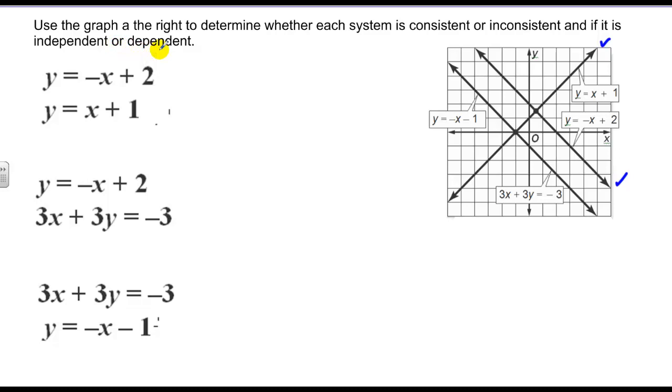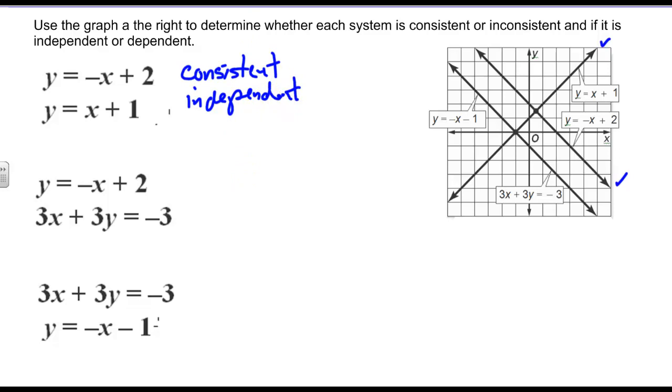We see that these two lines with the blue check mark intersect in one spot, which means it's going to be consistent. And since they only intersect in one spot, it is independent.